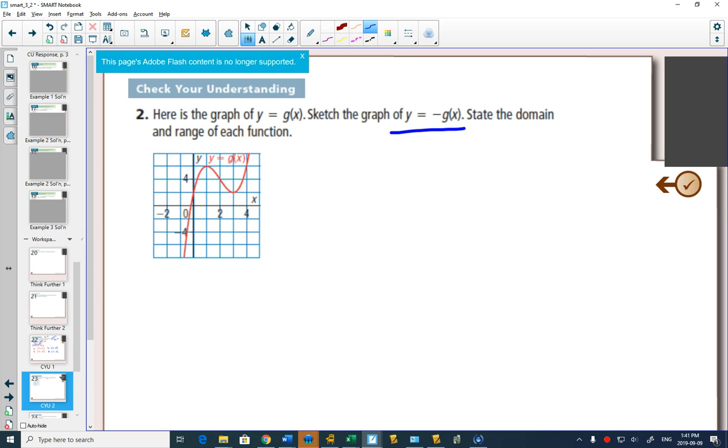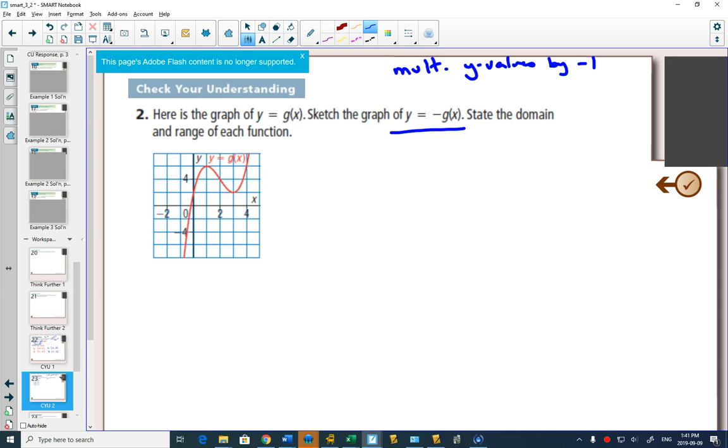That negative is outside of the function. So it should tell me right away that I'm going to multiply my y values by -1. Then I imagine if I took a point and I changed the y value to a -1, it would go down here.